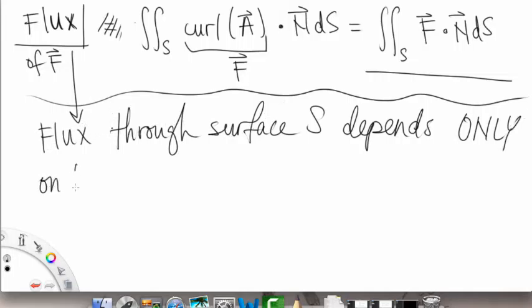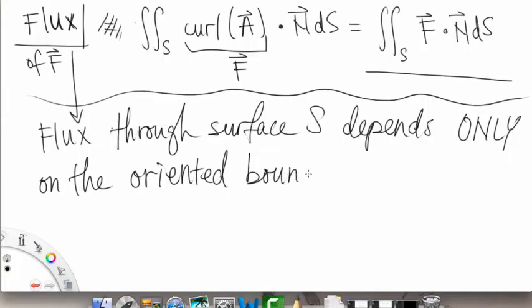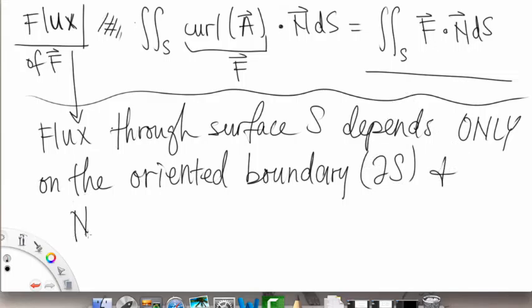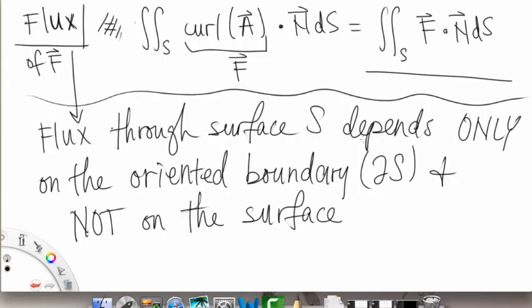Oriented just means that direction matters, remember. So on the oriented boundary, which is denoted by this symbol, and this is the important part, and not on the surface itself. So again, this is a more formal definition of what surface independent means. So that's pretty much it.